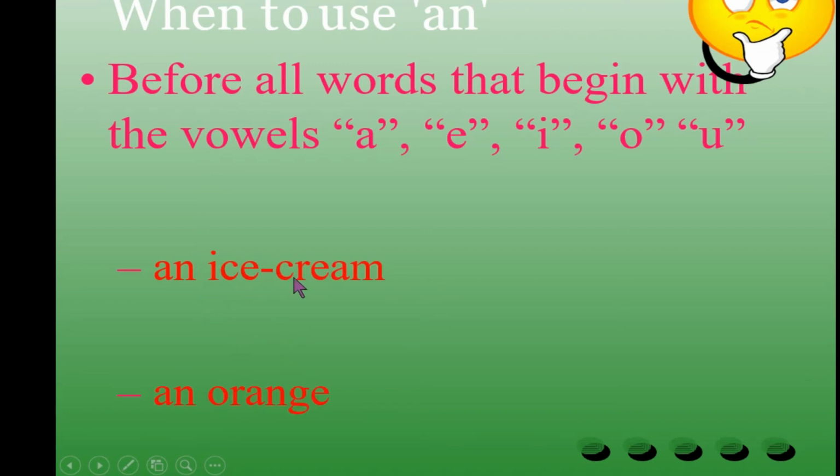An ice cream, you see letter I, an ice cream, so you cannot use the word a at all. An orange. So a is not used with vowels, it's just only used with the beginning of a consonant, but the vowel cannot, right? So remember this.